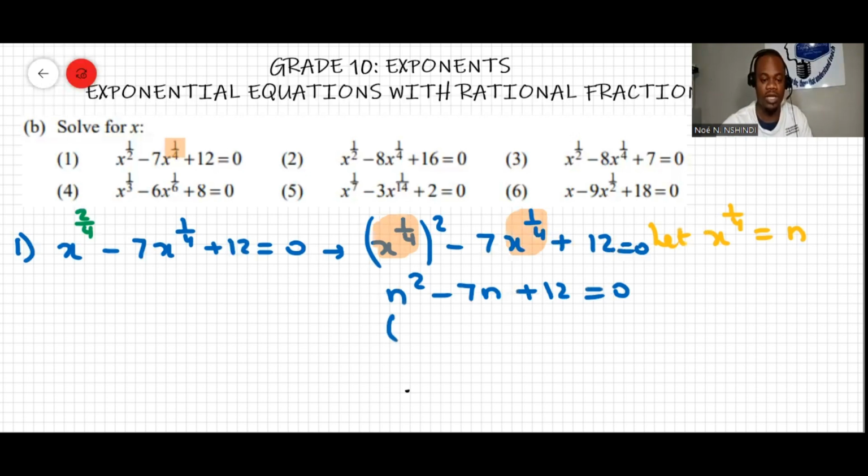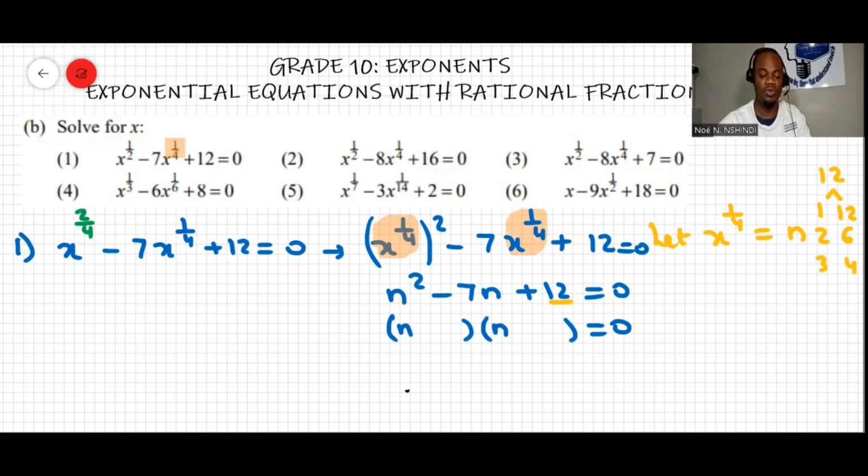Now we have a usual trinomial. I can just put n there and n there, close bracket, equal to 0. We look at the last term as we usually do, which is positive 12. The factors of 12 in ascending order are 1 and 12, 2 and 6, 3 and 4.